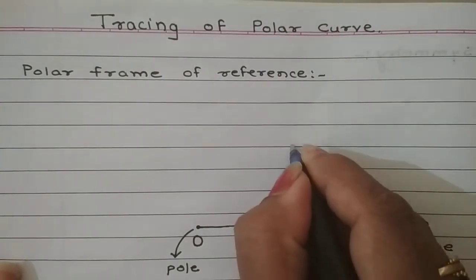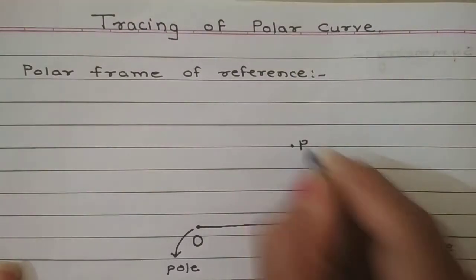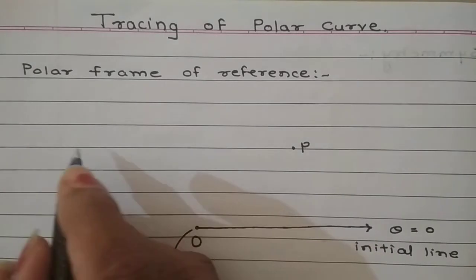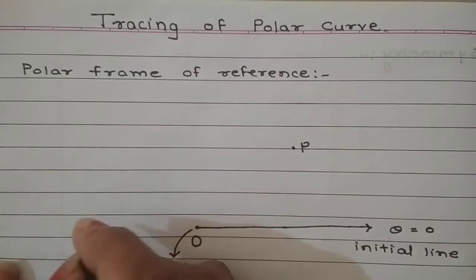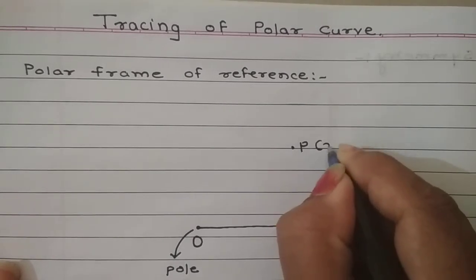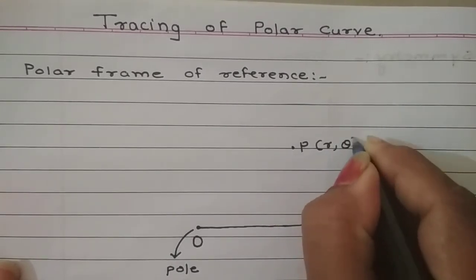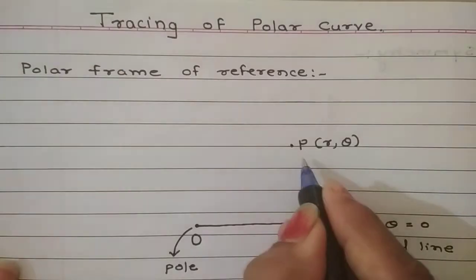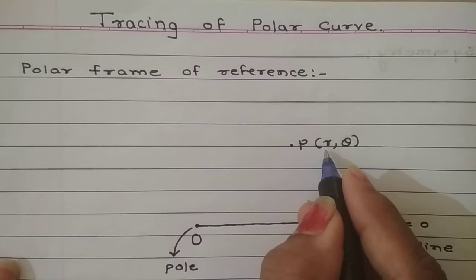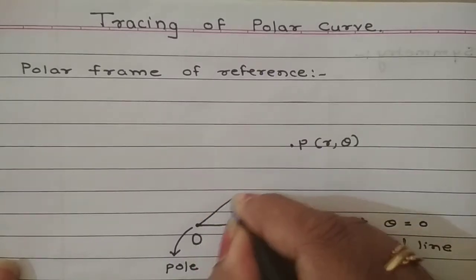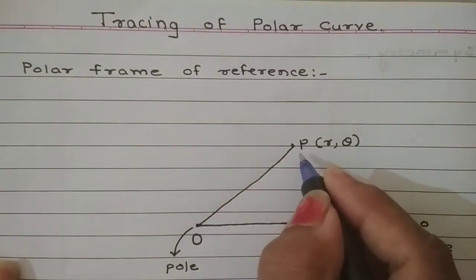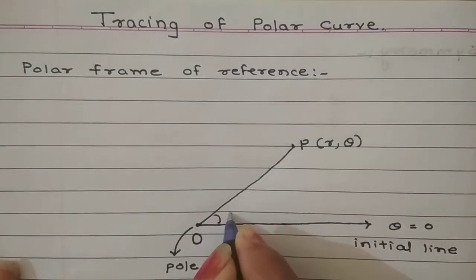We take P to be any point whose polar coordinates are denoted by the ordered pair (r, theta). Here r is the distance between O and P, and theta is the angle between OP and the initial line.